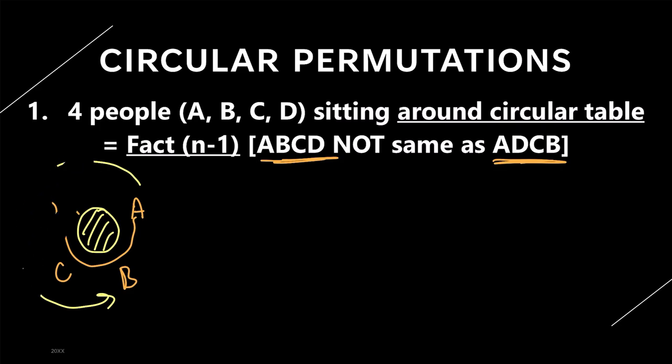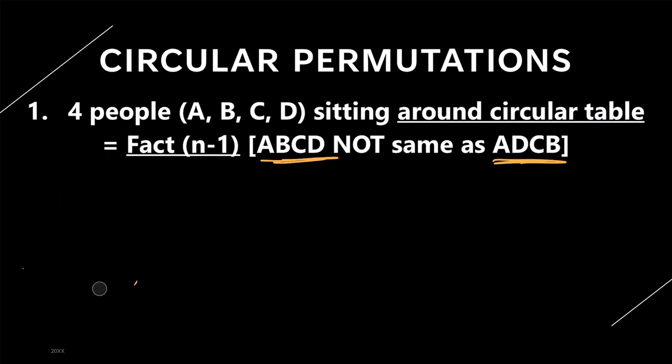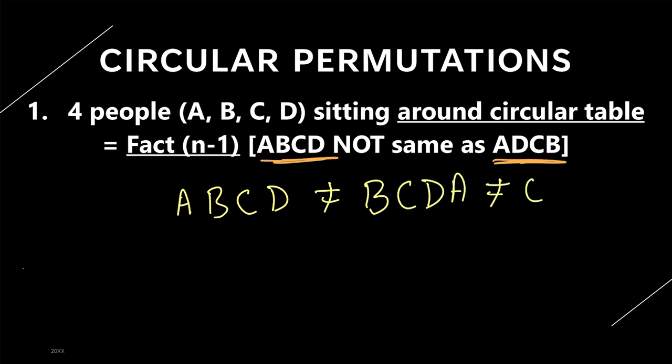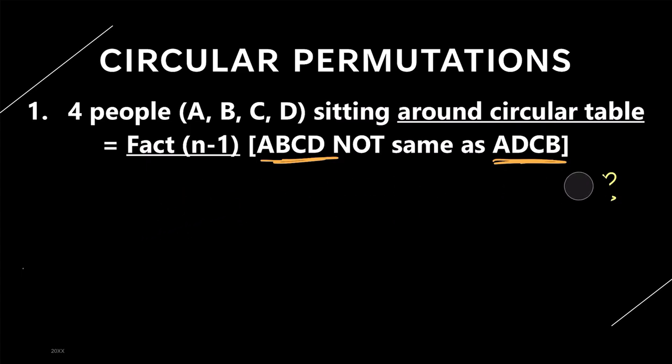ABCD simply tells you that seats have been marked. So ABCD is not equal to BCDA, does not mean CDAB, and so on, right? Their sitting arrangement matters, as seats have been marked.